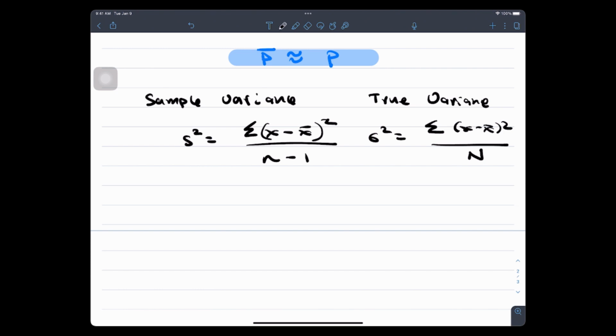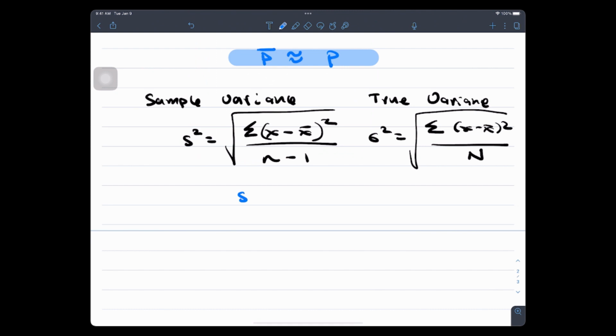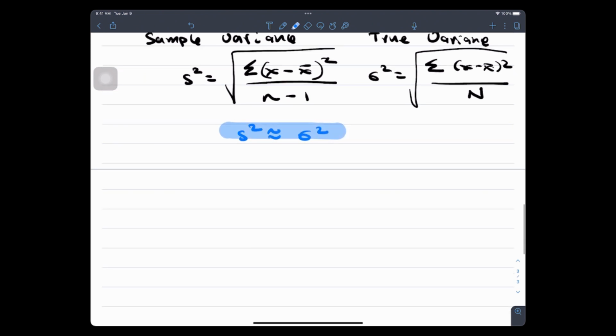Is that right? You guys know what I'm saying? And this has a square root. Okay. And again, s squared approximates sigma squared. Standard deviation.